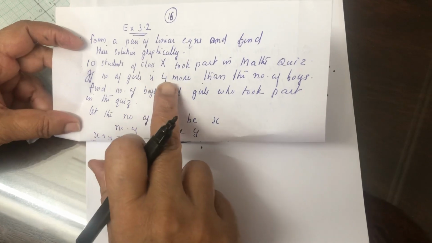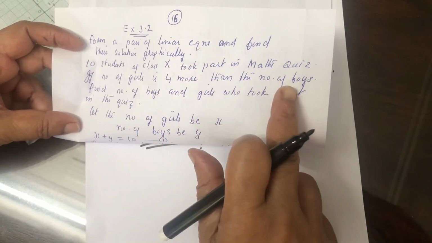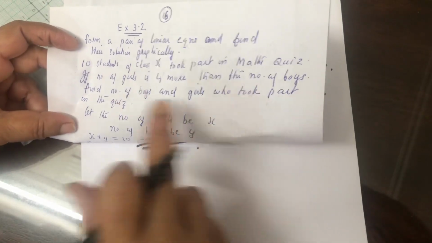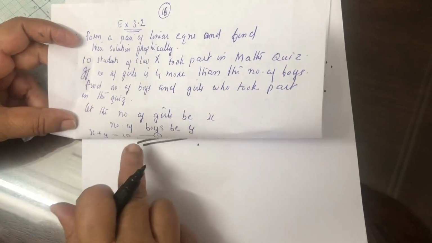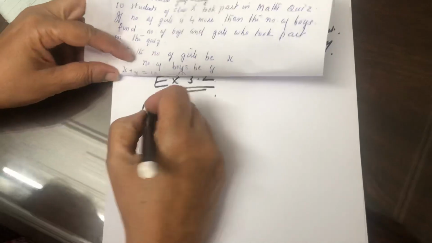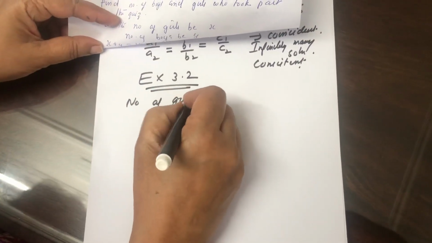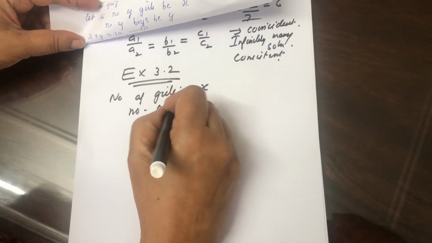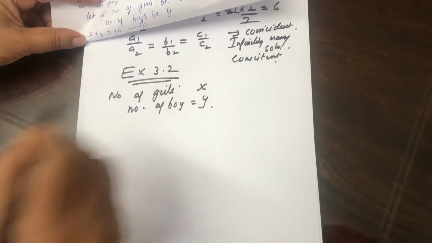Number of girls is 4 more than the number of boys. Find the number of boys and girls who took part in the quiz. So suppose I am taking number of girls as x. Number of boys, you can take it as y.